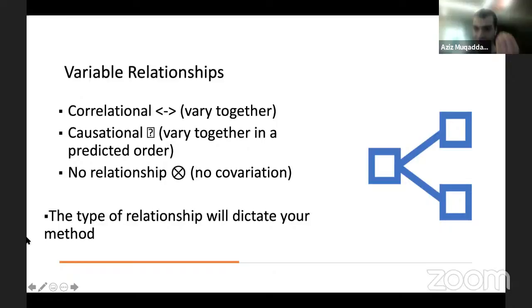In terms of these relationships that you want to test in quantitative hypothesis testing research, the first one we said earlier is correlational. That is to say, two things move together, right?